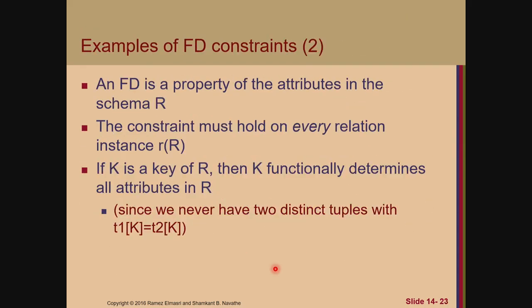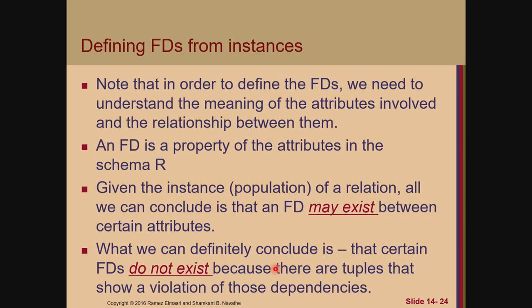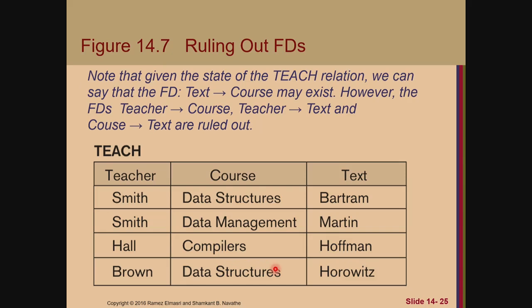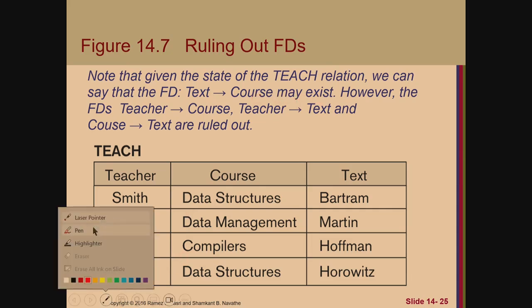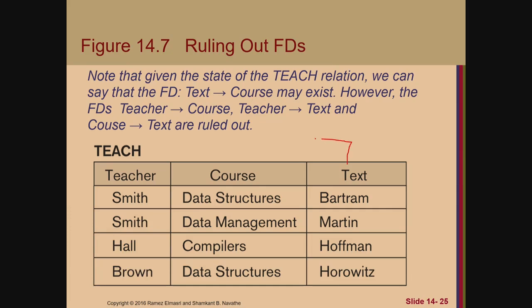Okay. Now you know how to identify the functional dependencies. Understand relation property. Here, ruling out functional dependencies. Note that given the state of the teach relation, we can say that the functional dependency text determines course may exist.